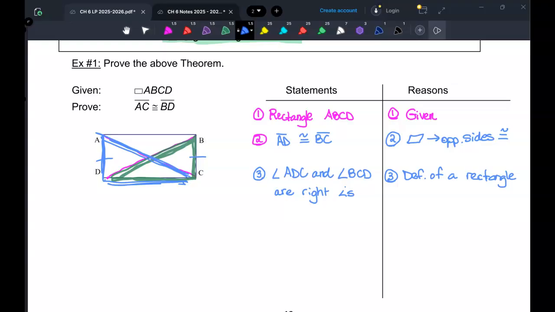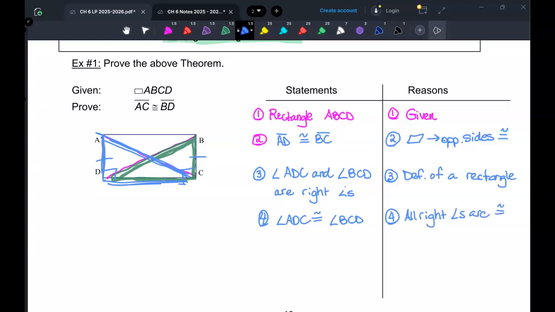Okay, so you have to say that they're right angles, and you have to use the definition of a rectangle somewhere in the proof. Now, once they're right angles, what can we say about them? They're congruent. So here we have a right angle, here we have a right angle. So angle ADC is congruent to angle BCD. All right angles are congruent.